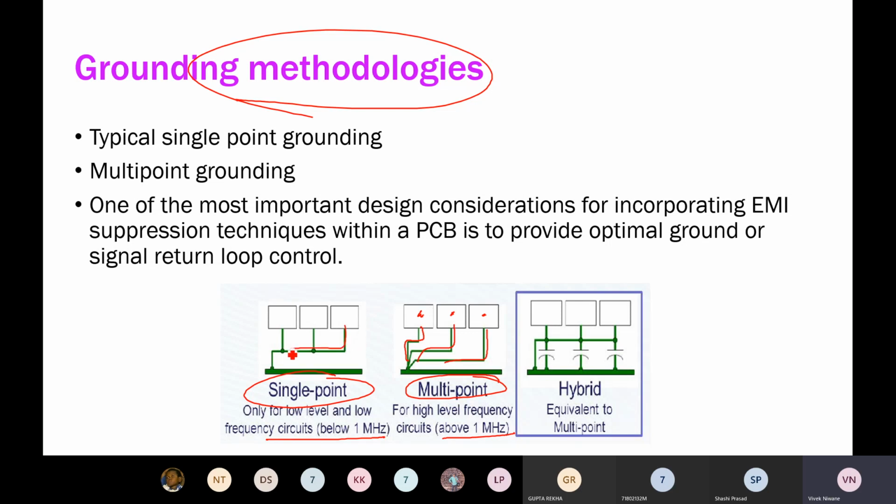And over here, all the tracks are shorted together before reaching the ground plane. And then hybrid, to handle the RC components and capacitances generated, we can have decoupling and bypassing capacitors. Okay, specifically in this diagram, we do have the decoupling capacitors so that we will reduce the RF interference.